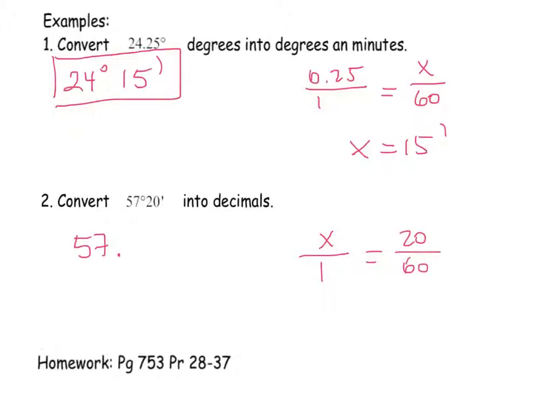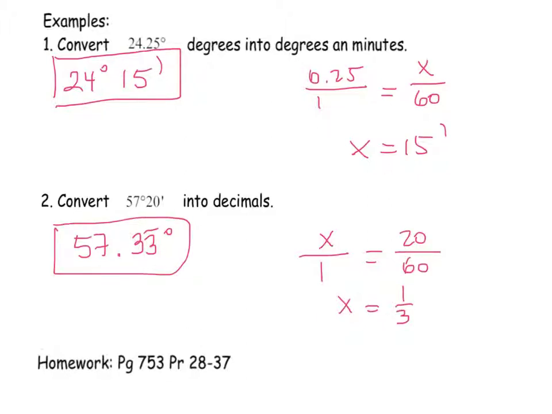If I reduce this, I'm going to end up having x equals 1/3. So 1 divided by 3 is 0.33. So it will be 57.33 degrees. So let's go ahead and box this.